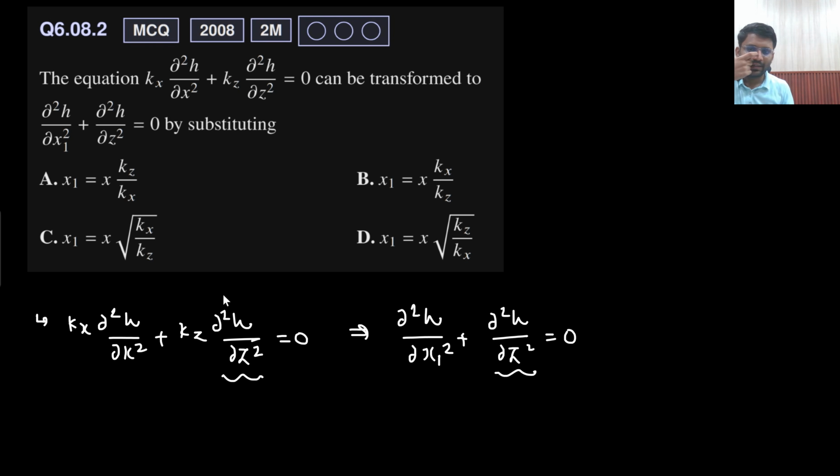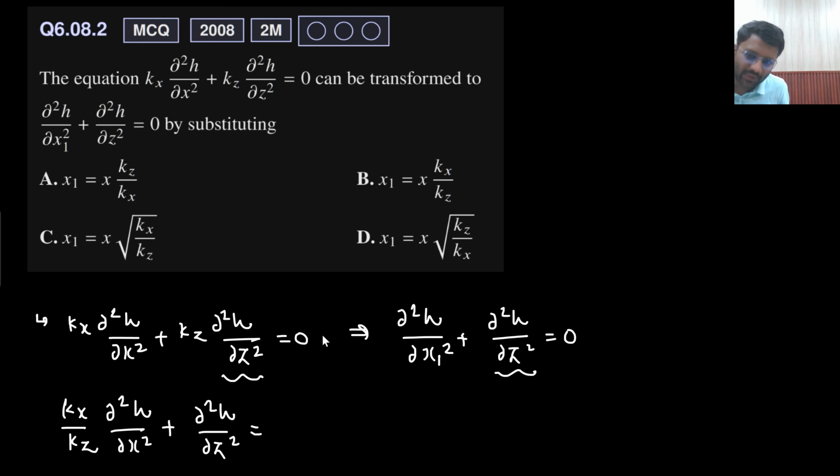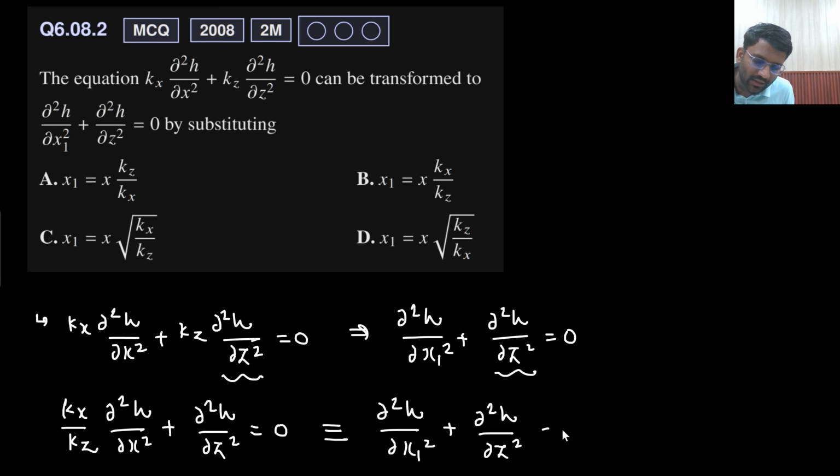This as it is. But sir, here multiply with kz. Sir, here multiply with 1. So what I will do is that I will throw this kz here. That means I will divide the whole equation by kz. If I divide the whole equation by kz, what I am getting? Kx by kz del square h by del x square plus del square h by del z square equals to 0. And sir, they are equated: del square h by del x1 square plus del square h by del z square equals to 0.